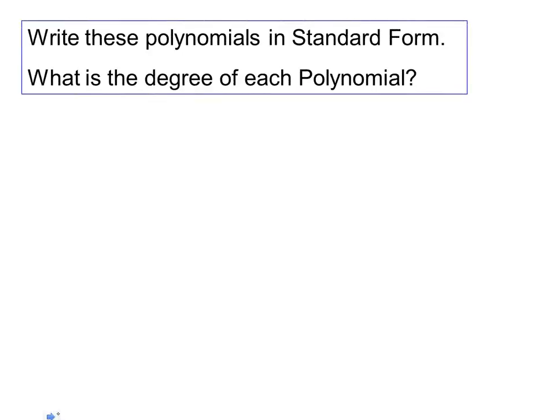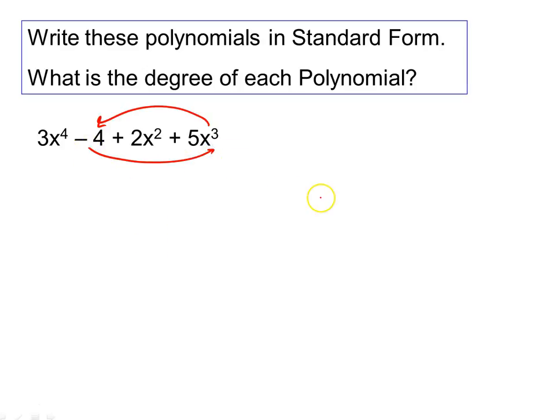Let's go over some terminology here. Actually, let's do an example where we write it in standard form, and then we'll get into some terminology. We're going to write the degree of this polynomial after we've put it in standard form. So this 5x to the third term, that cubed, is going to need to come up towards the front, and this constant is going to need to go into the back.